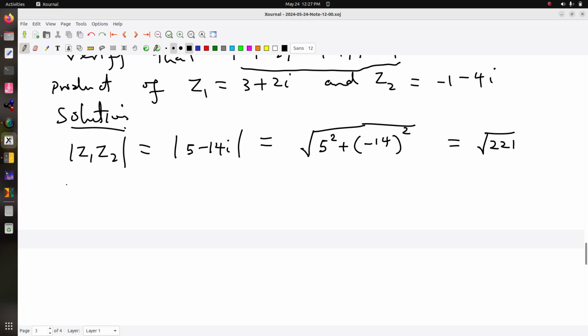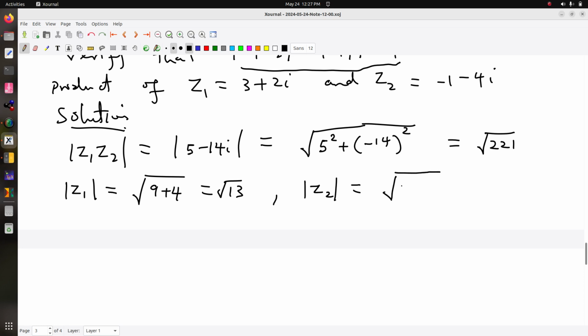Now, if you find the modulus of z1, z1 is 3 plus 2i. So the modulus will be 3 squared, which is 9, plus 2 squared, which is 4. So that will be square root of 13. Also, if you find the modulus of z2, it will be the square root of minus 1 squared, which is 1, plus 4 squared, which is 16. 16 plus 1 is 17.